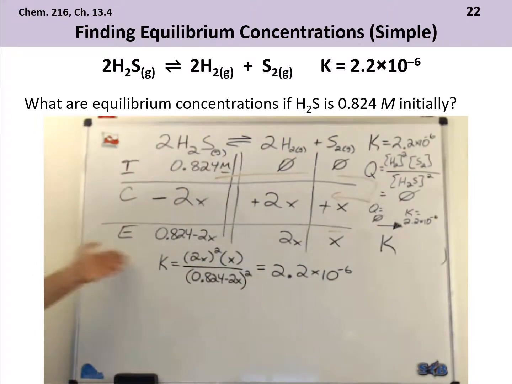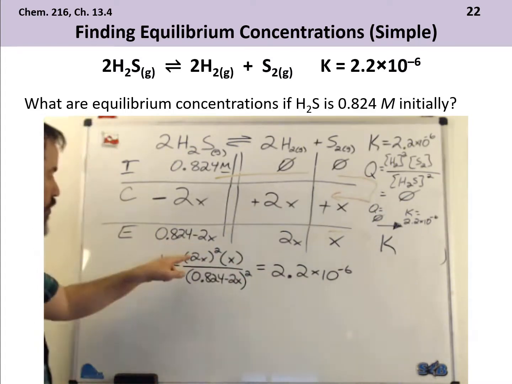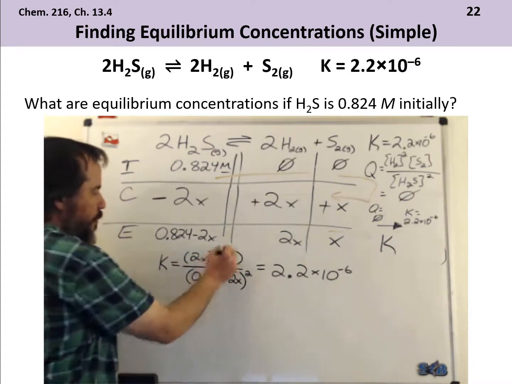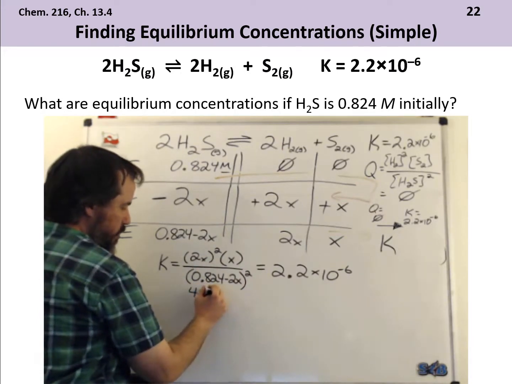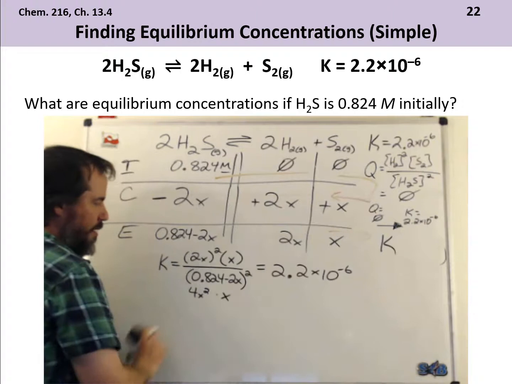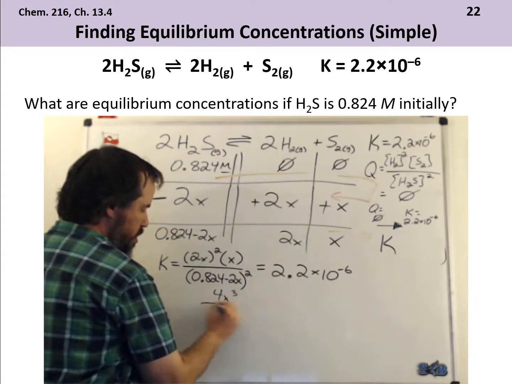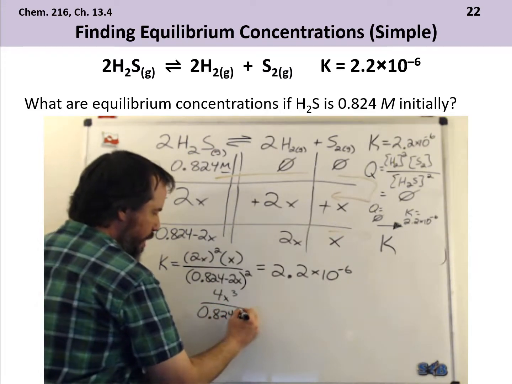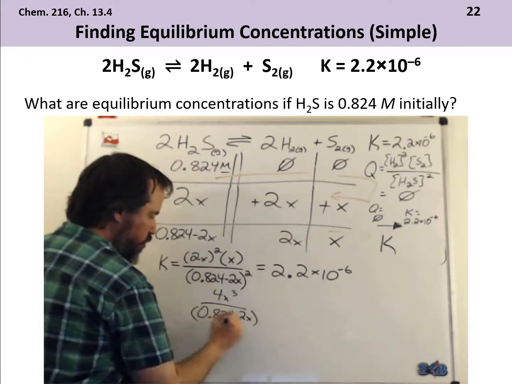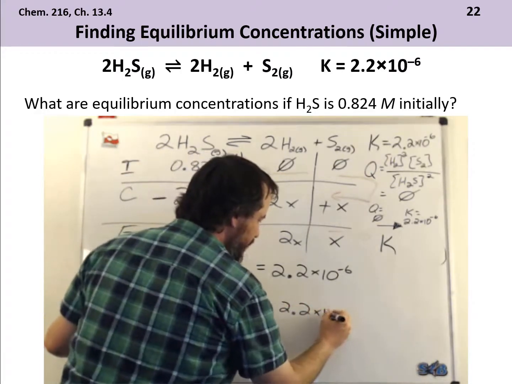Okay? So I have this, and now I'm going to use this to find my x. So 2x squared will give me 4x squared times x, which is going to get me 4x cubed over 0.824 minus 2x squared equals 2.2 times 10 to the minus 6.